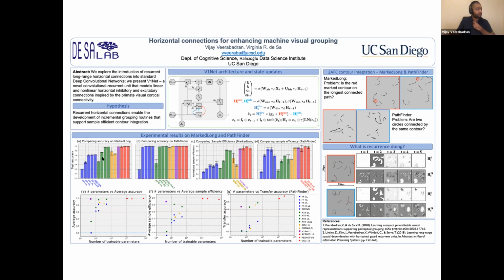These colors correspond to the architectural families of models that we compared. We compared standard feed-forward neural networks, which are the blue bars over here. In each color, as we go from left to right, we're comparing models that have very low hierarchical processing all the way to the right, where we have really high hierarchical processing. So there's more depth.